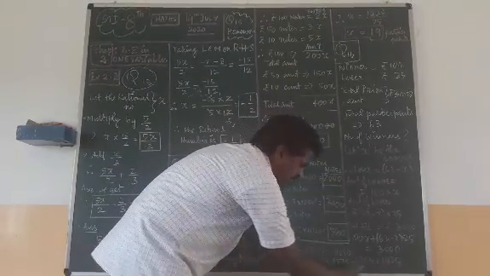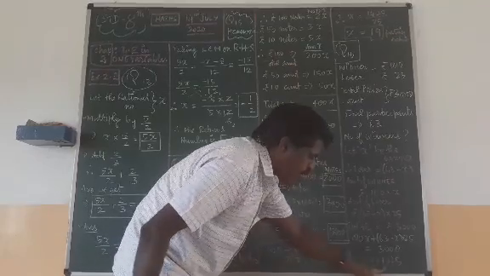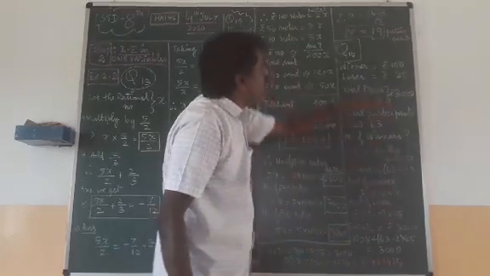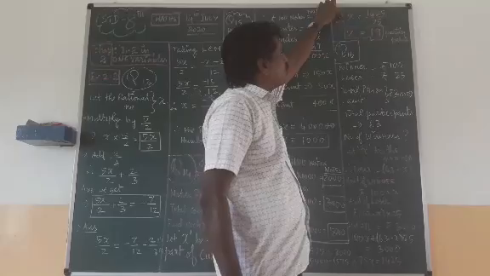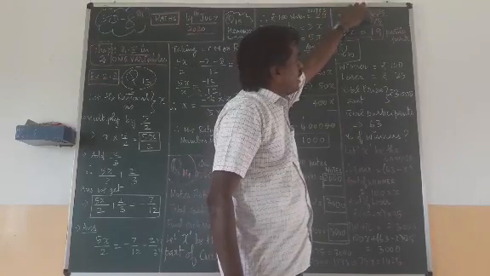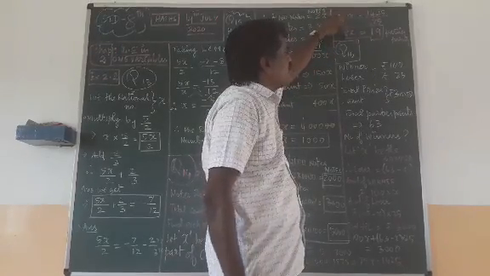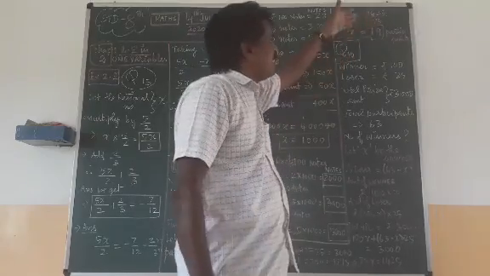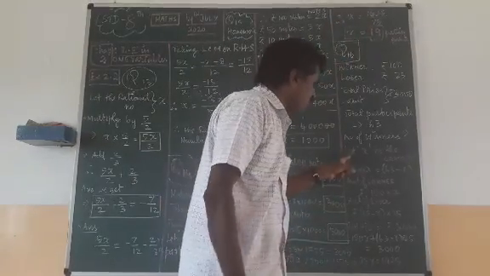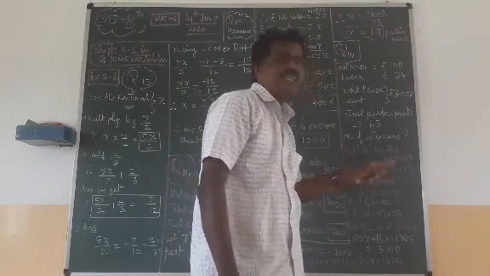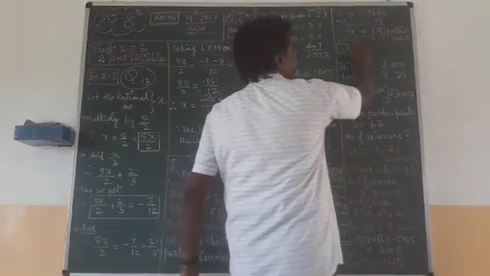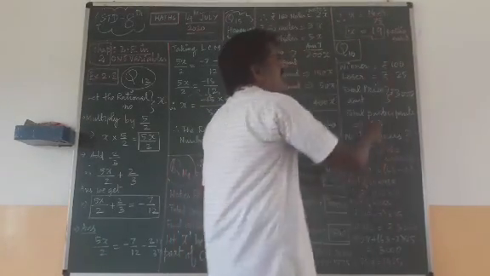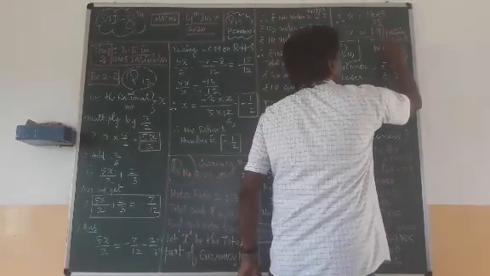So 75x equals 1425. Therefore x equals 1425 upon 75, so x equals 19. What did we assume for x? Let x be the number of winners. So x is 19 winners.